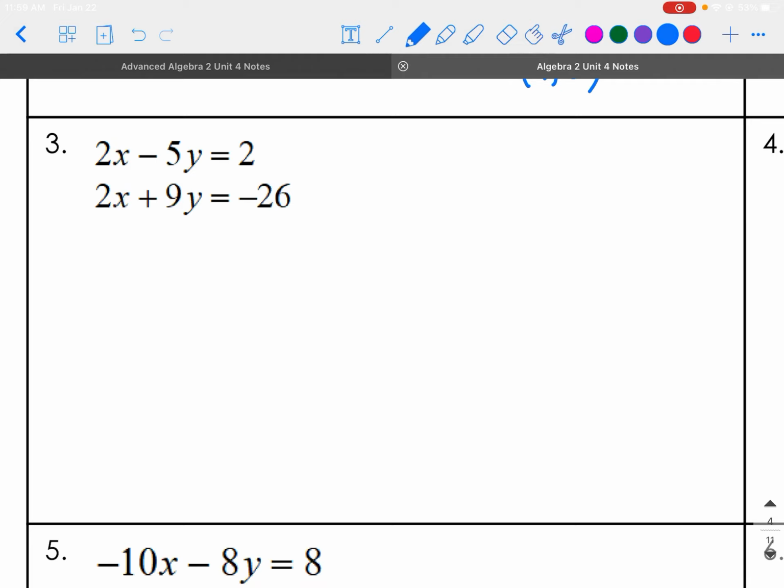So now we're going to have to look at the next step in our instructions to see what we do next if they're not already opposite. What we do is we multiply one of the equations by something. And if I want to turn this 2 into a -2, I can multiply everything by -1.